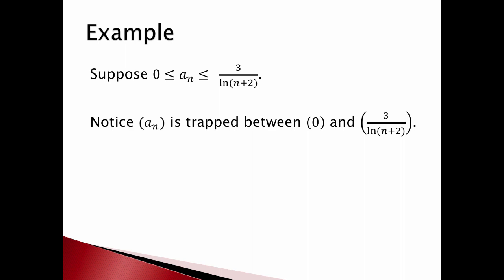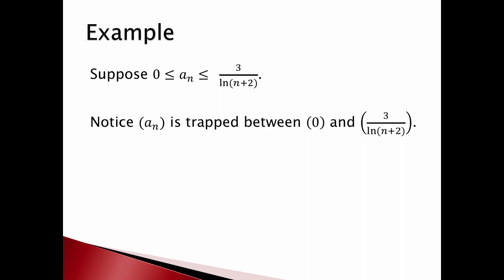What about 3 over log of n plus 2? Well, log of n plus 2, from our tower of power, goes off to infinity. So we have to choose between the 3 and the log. Who wins? 3 doesn't go anywhere, it's just always 3. Log goes off to infinity, so the big number is in the denominator.